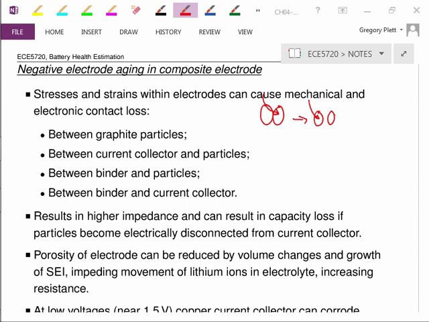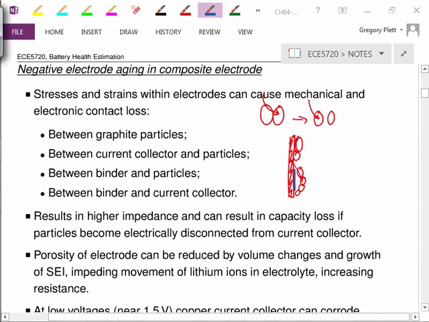So between particles, between current collector and particles. So the current collector is this sheet of some kind of a foil, usually a copper foil, and I start out with the particles adhered to it, but anytime you've got two dissimilar things that you're supposed to have in contact, well, they may delaminate, and so I may have particles that have lost contact with the current collector, and maybe there's some electronic path still, so I don't lose the capacity, but I have a greater resistance because this former electronic contact is now gone, and it's harder to get an electron to where I want to be.